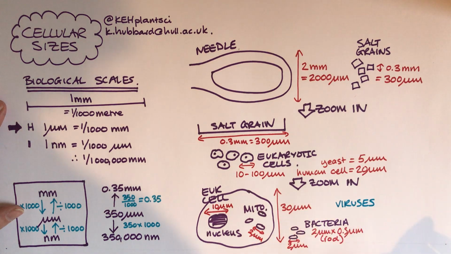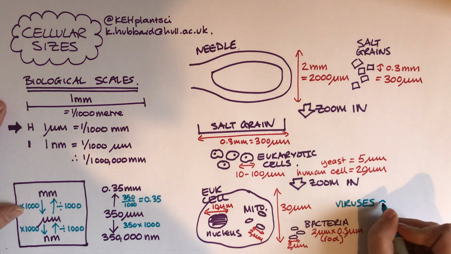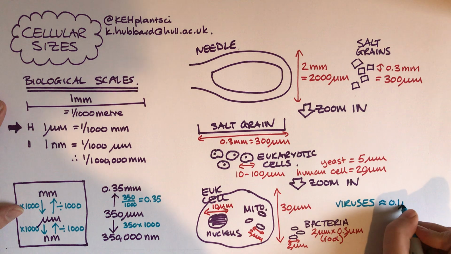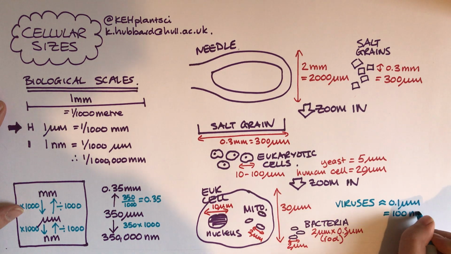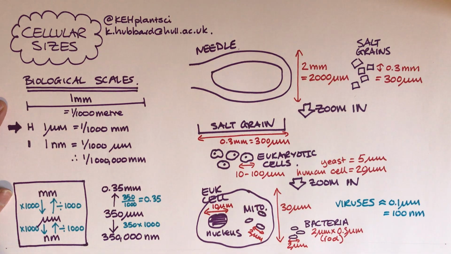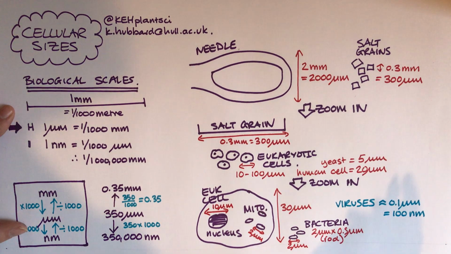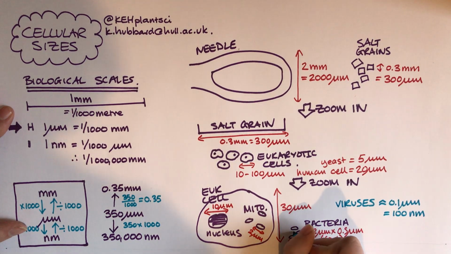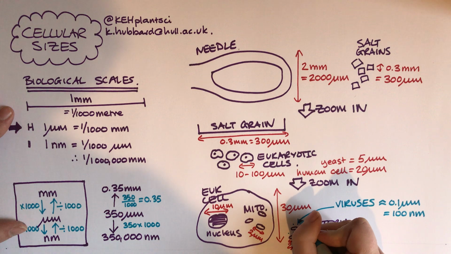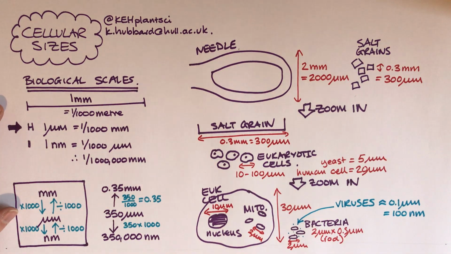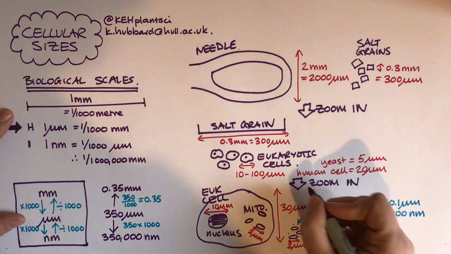Our viruses are about 0.1 micrometres, which is about 100 nanometres. We need to get right down to that nanometre scale for the viruses. On my diagram here, my viruses would be looking around about that sort of size relative to both the eukaryotic and the bacterial cells.